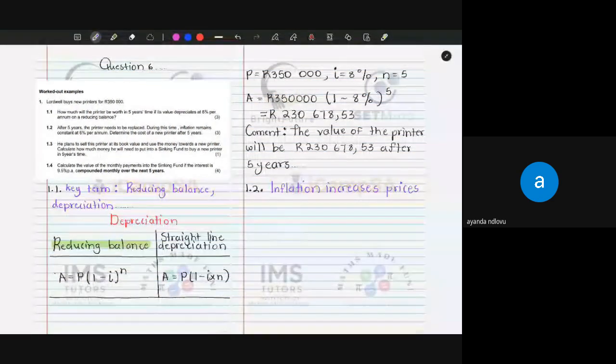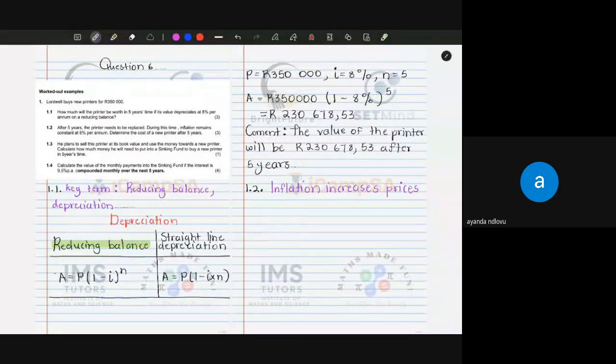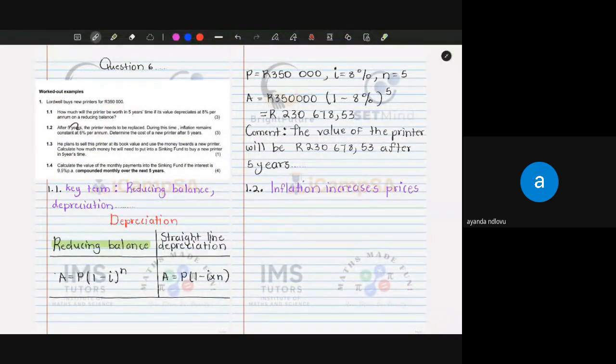When you use something, it loses value, but for something that is not used, the inflation for the same product 5 years later would have made it more expensive. So when we are now looking at the same printer after that 5 years, the ones that are still being manufactured will not be at 350,000 now. They will be inflated. So we need to use the compound formula.